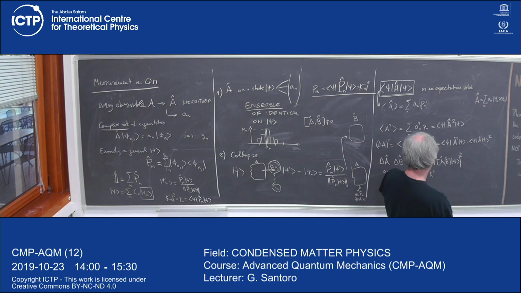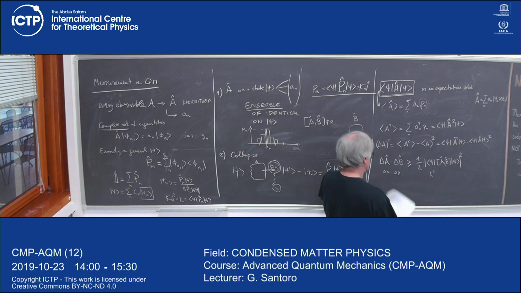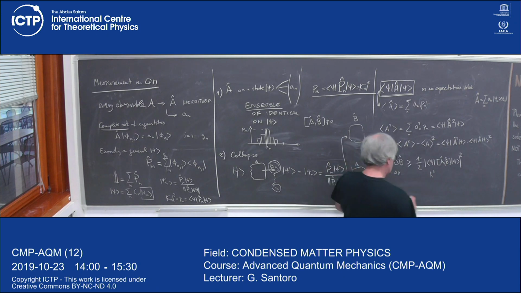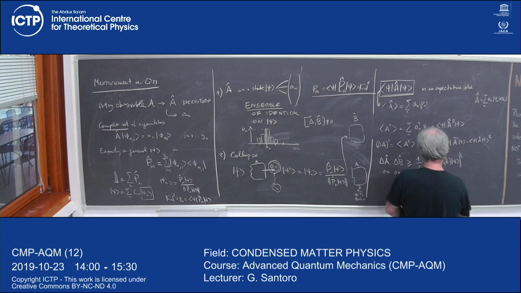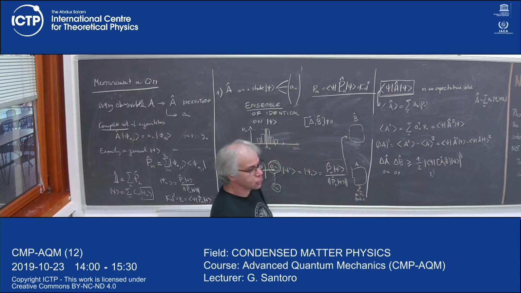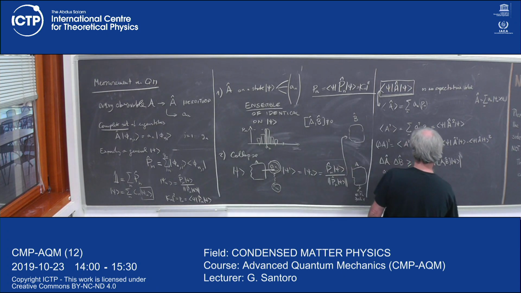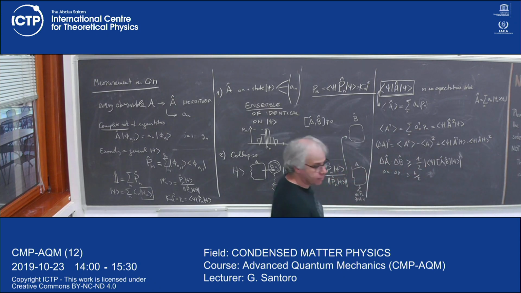Maybe it's without the square. It is without the square. You're right. I mean, in the notes there is a square. There is no square. It's h bar over 2 if you include this part. Okay? Otherwise it wouldn't fit.